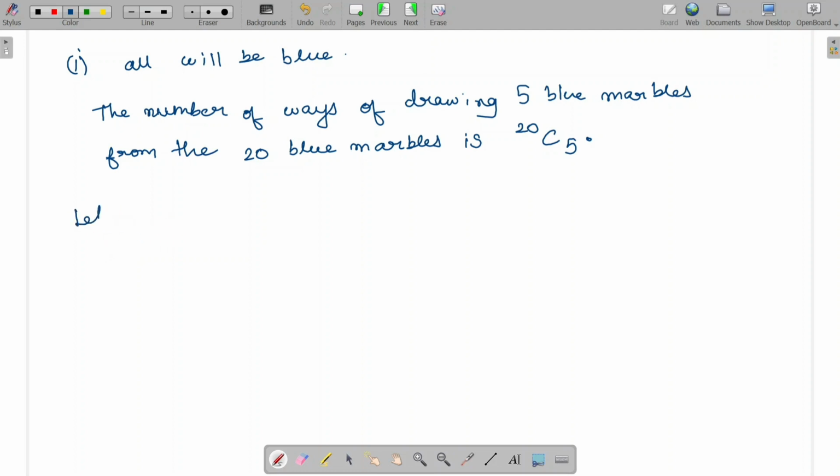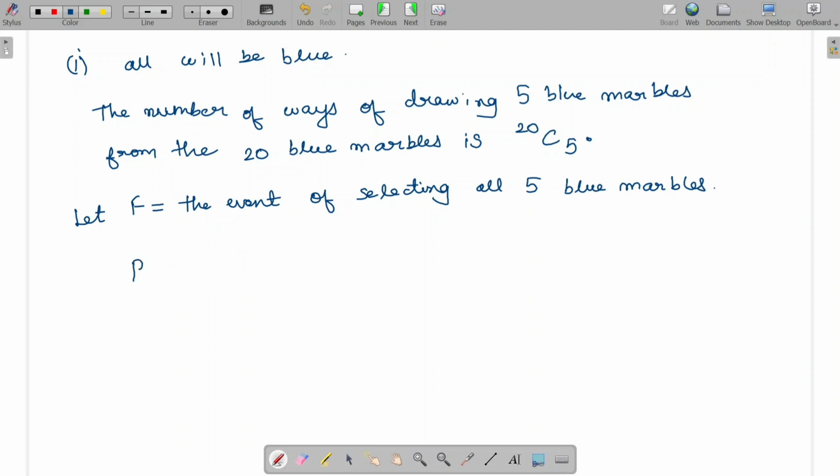So now let us consider the event of selecting the 5 blue marbles from the 20 blue marbles. This is nothing but the event F of selecting all 5 blue marbles. Okay. So you know the formula for finding the probability of selecting all blue marbles, right?